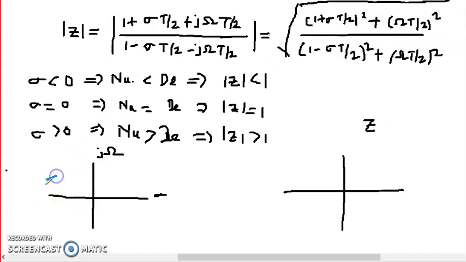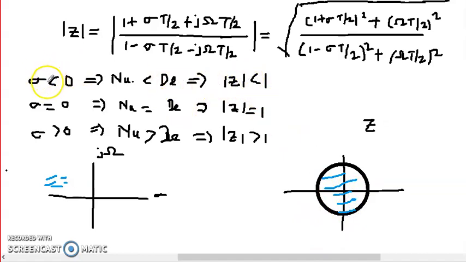Anything which is on the left hand side of the j omega axis will get transformed to, if this is the unit circle, the inside of this unit circle.